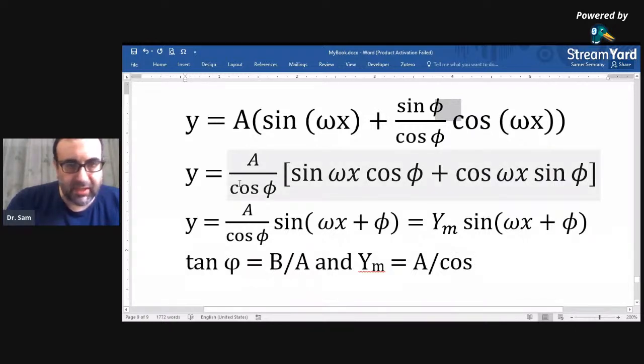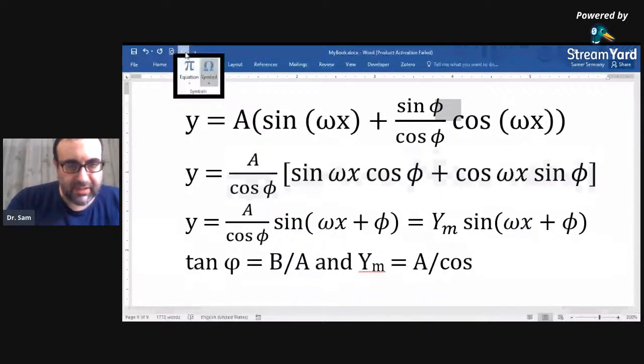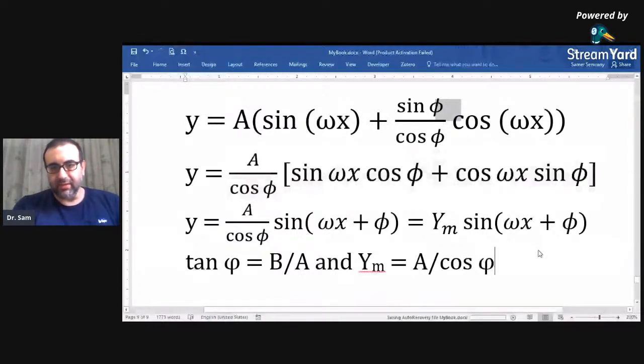So it is the same thing in physics and in mathematics, but in physics they use this form because it is more convenient for their application, because in physics they call ym the amplitude, the maximum value of y, and they call phi the dephasing, and omega is called the pulsation.